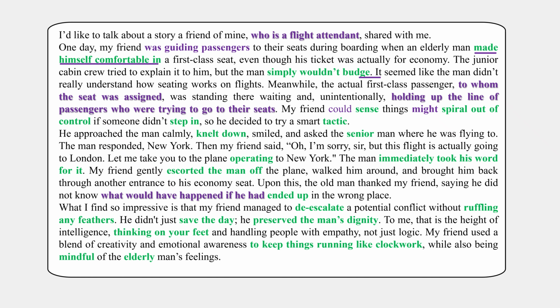Okay, wouldn't budge. So I used the past of will here, wouldn't budge, because I'm talking about the past. I also used another relative clause, to whom the seat was assigned. You see all the variety. Holding up the line of passengers who were trying to go to their seats. I've got really a lot of complexity here. Could sense things might. What would have happened if he had? You see, all of that actually adds to the complexity of the answer and the variety of the grammatical structures.